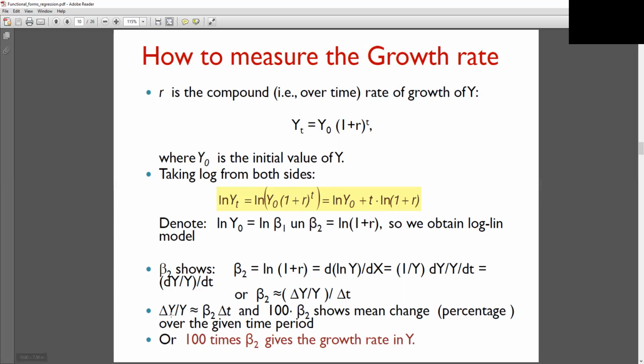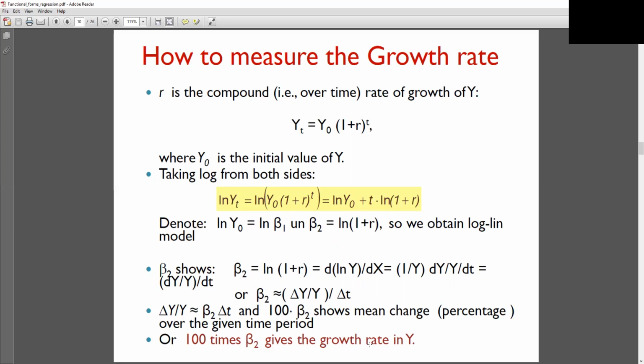So this delta y by y is nothing but beta 2 delta t. Then you'll get 100 into beta 2. Multiplying the slope with 100 will give you the change in terms of percentage over the time period. So 100 times beta 2 gives the growth rate in y.